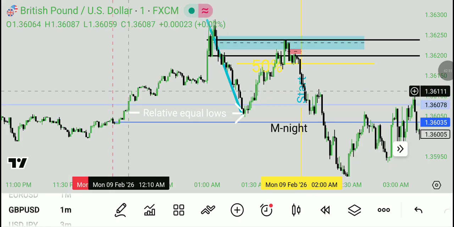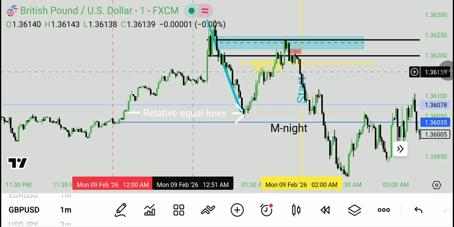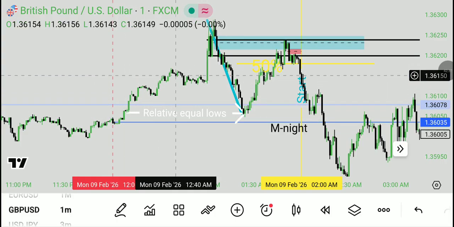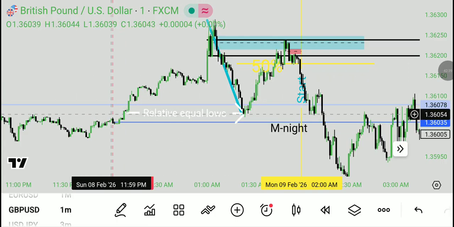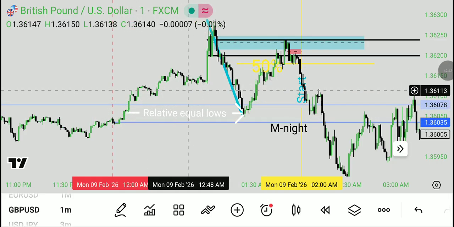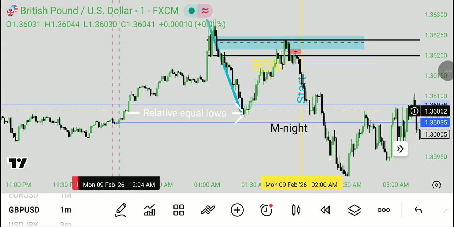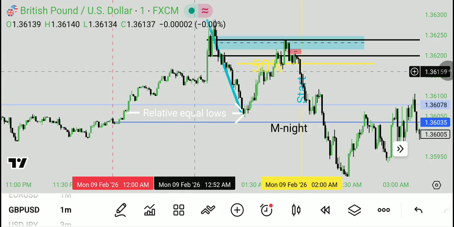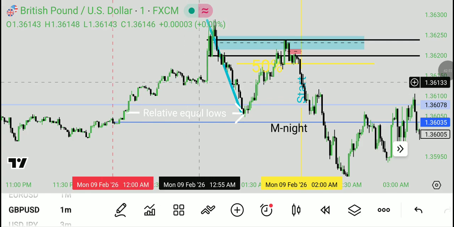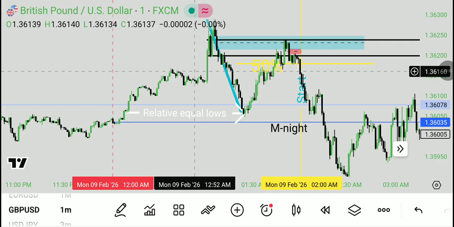All those was loading. There was no serious movement here, which is accumulation. Well, I don't want to confuse your brain.